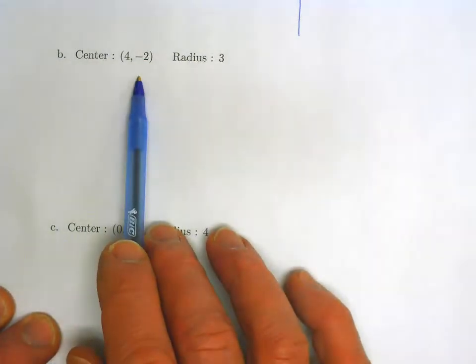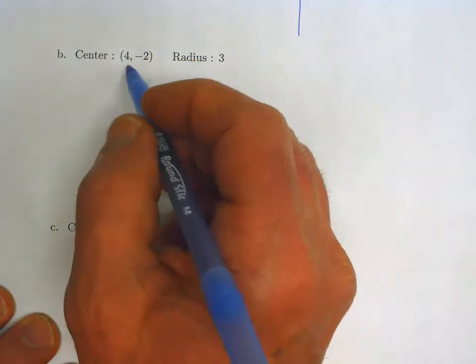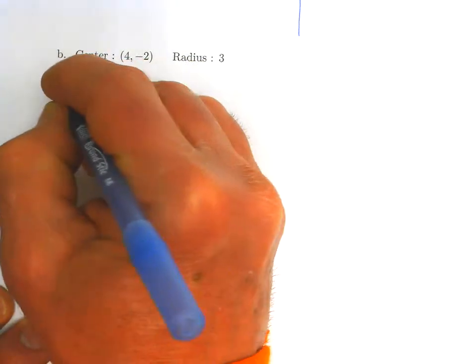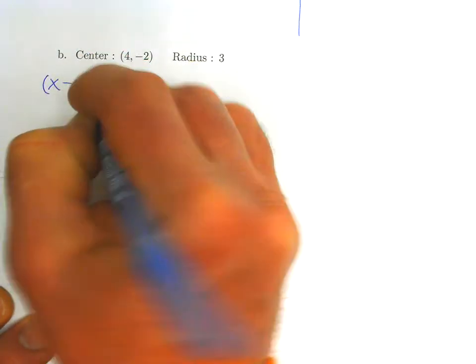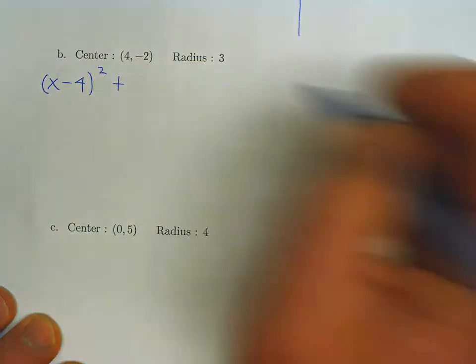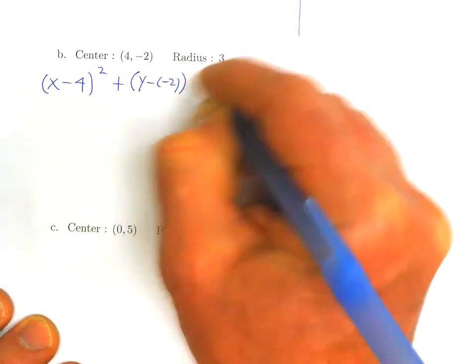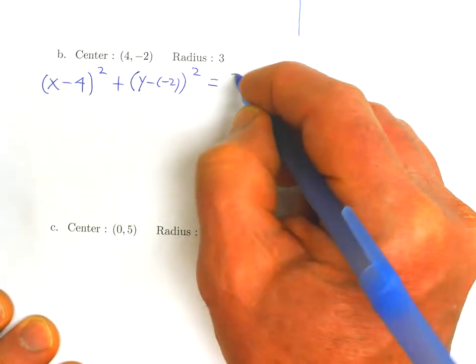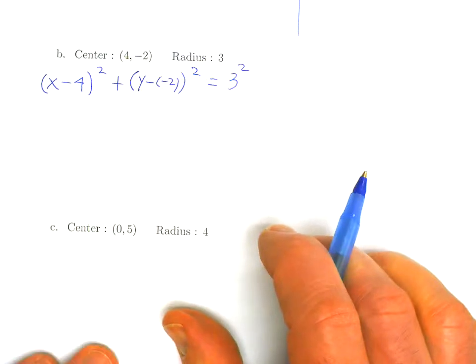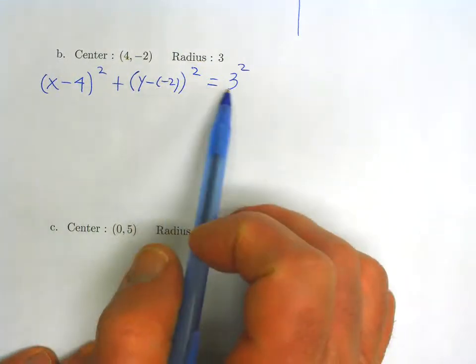So we can write down the standard equation. The x-coordinate is 4, so the quantity x minus 4 squared, and then we add that to the quantity y minus negative 2 squared equals the radius squared. And we want to simplify a little bit more.